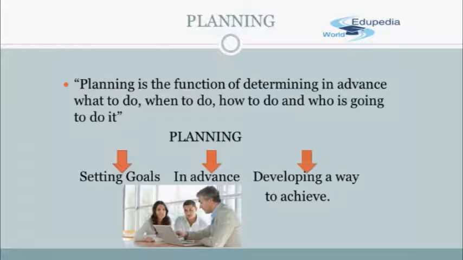It determines in advance what should be done, why it should be done, when it should be done, where it should be done, and how it should be done. These are the characteristics planning involves. This is done not only for the organization as a whole, but also for every division, section and department. So planning is thinking before doing. This is what we can conclude planning is.